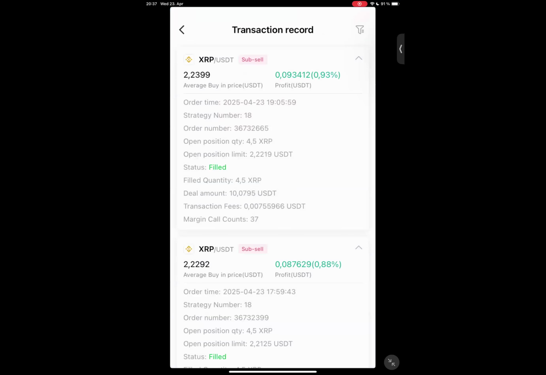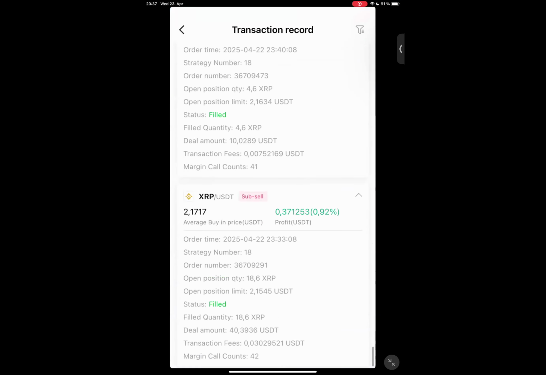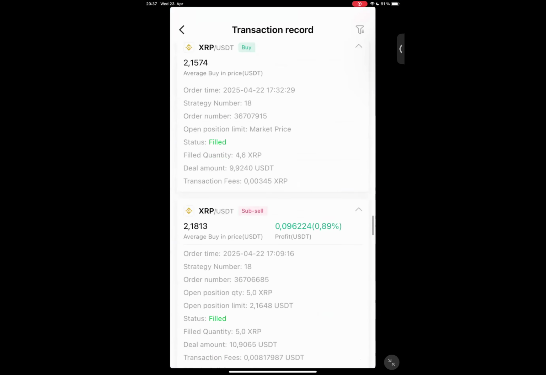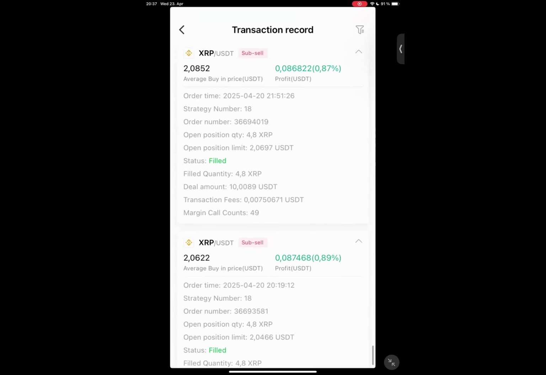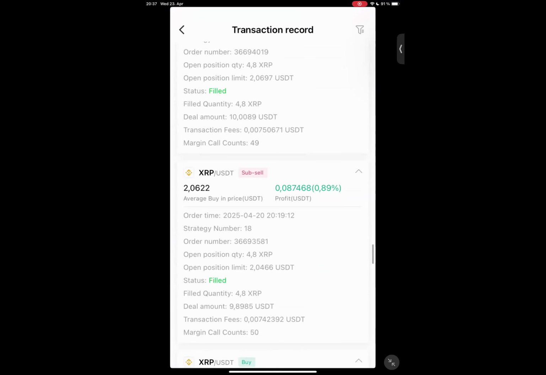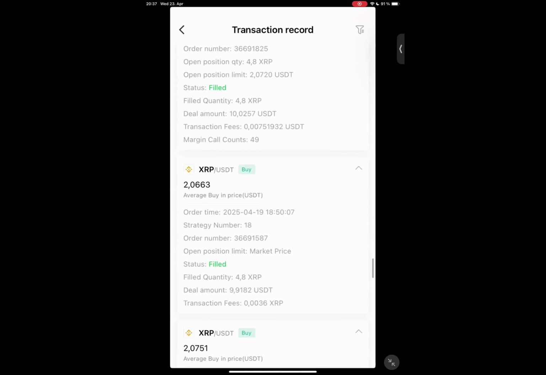So this is where you can see a history of your transaction. If you bought, sold, you see all the details over here under transaction record until the last end. That is one thing I love about the Royal Q-Robot. It's very transparent. They don't keep any information away from you. Okay. So yeah, that is it.